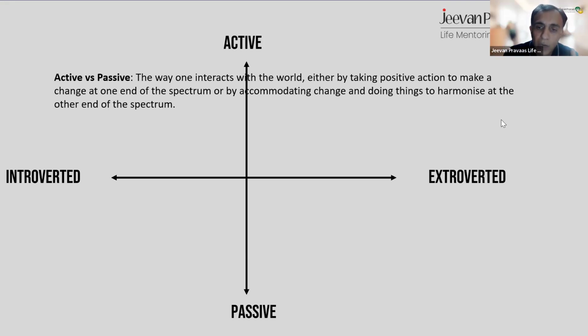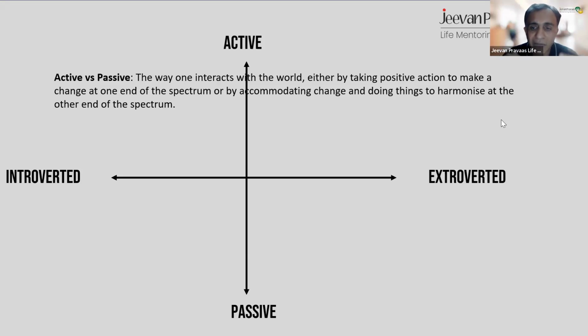So there are two ends of the spectrum, and there could be people in between also. It's like the temperature of water. As you go higher and higher, it's hotter and hotter, and as you go lower and lower, it is colder and colder. So understand it very qualitatively. People could be anywhere in the spectrum from active to passive.